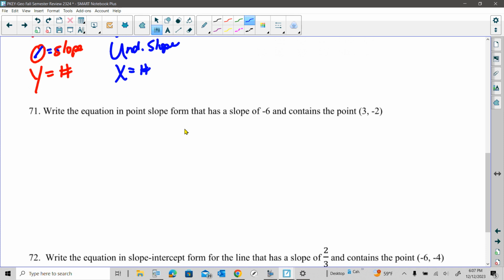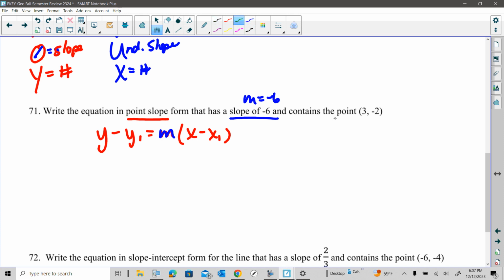Then from this point on, we're going to be using point slope form, which is y minus y1 equals m parentheses x minus x1. You have to remember our m is our slope. So here our m equals -6. Our point is our x1 and our y1.